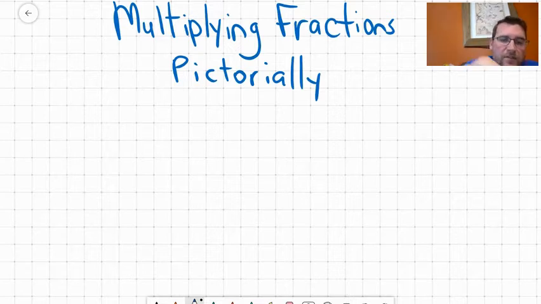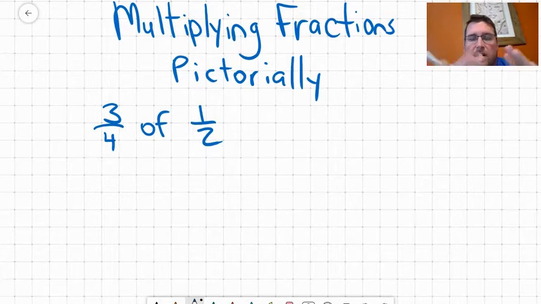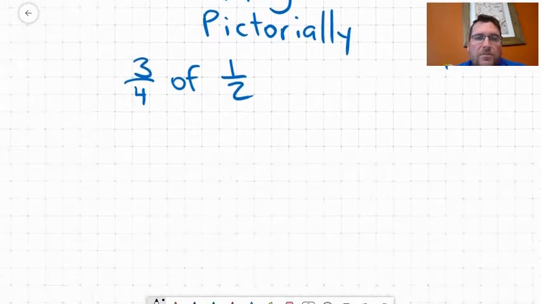So if we're going to find 3/4 of 1/2, what that means is we're going to take a half and find what 3/4 of it is. Another way to write that would be 3/4 times 1/2. But when we think about it pictorially, here's what I want you to picture.